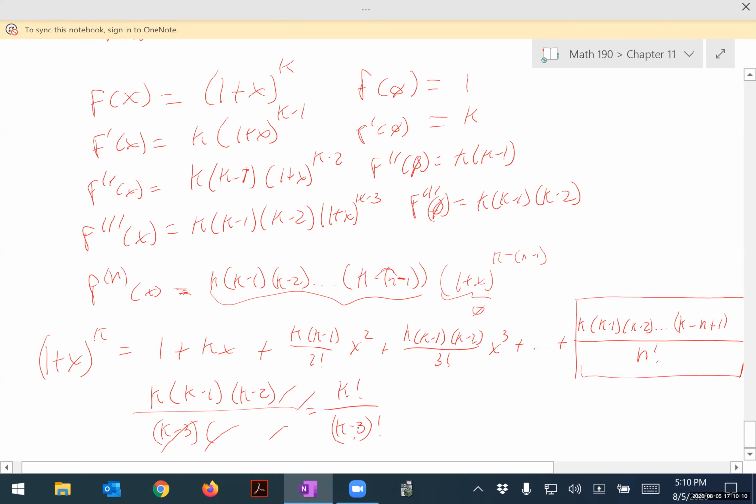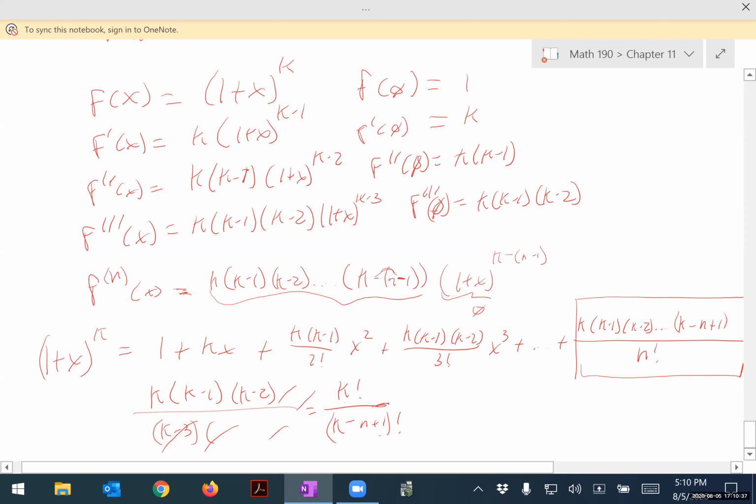Okay. So in a way, this would be k minus n plus 1, which is exactly what we have as our last term here. Factorial. That's equal to this thing, right? So that's going to give us our previous one.